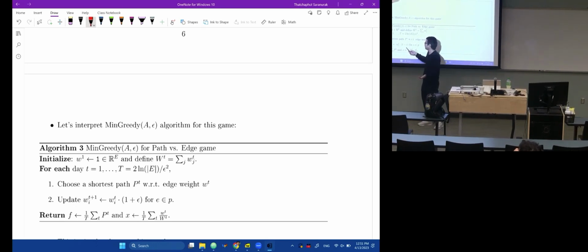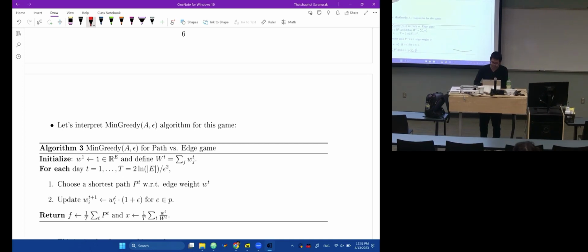How do they update the weight? Well, anything in the path, you multiply it by 1 plus epsilon. And then repeat. And at the end, the flow is just the average of these shortest paths. That gives you approximate max flow.